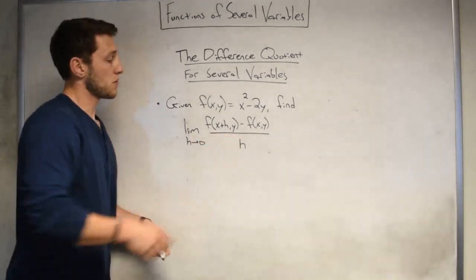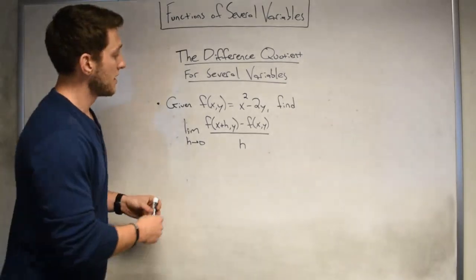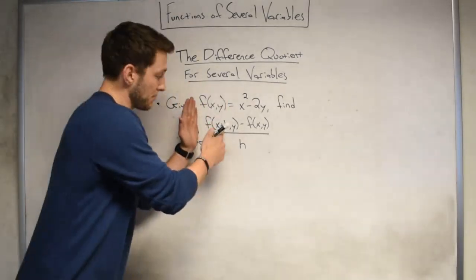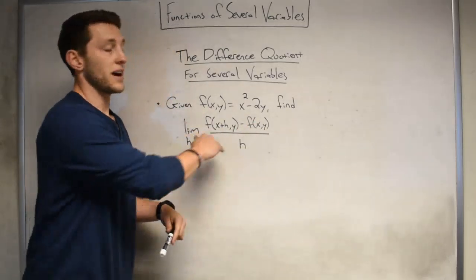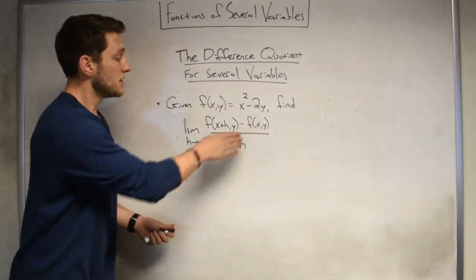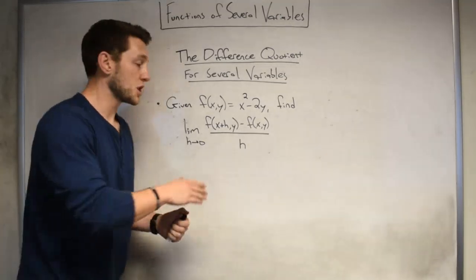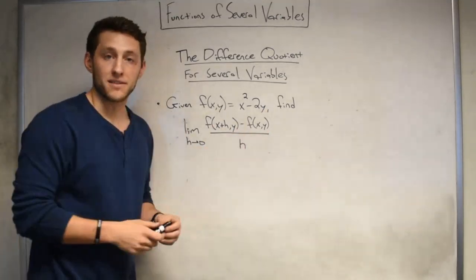Now here's our difference quotient for a function of two variables. f of x plus h comma y minus f of x comma y, divided by h. This difference quotient is measuring the rate of change in the x direction, in the x variable.